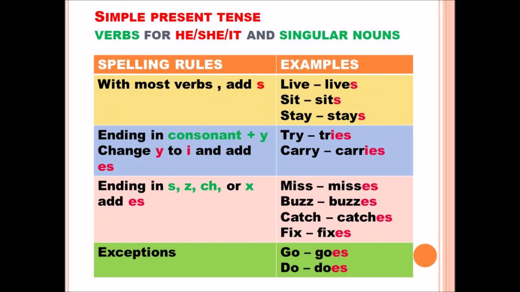And do is does. This present form of verb is used only for singular nouns, he, she, it. So he lives, she lives or it lives. Only for these 3 singular nouns we use this present form of verbs.